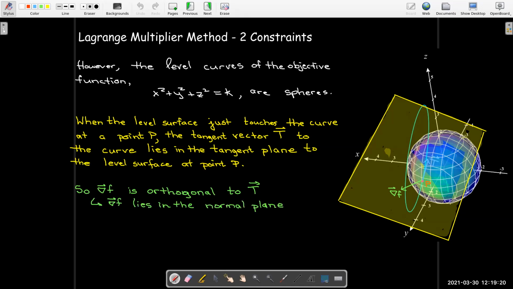Again, let me say that again. We've got a level surface that just touches the curve, and what does that mean?